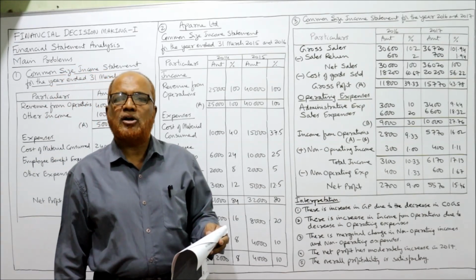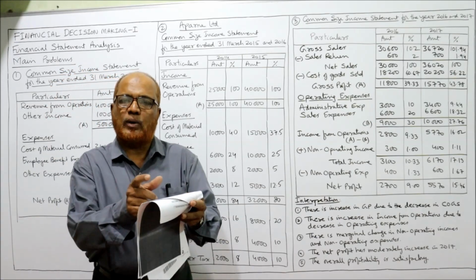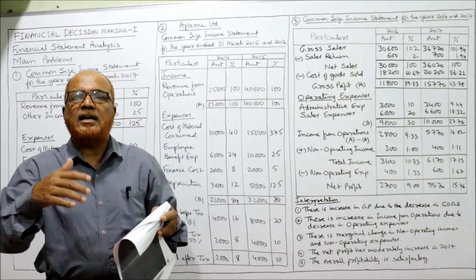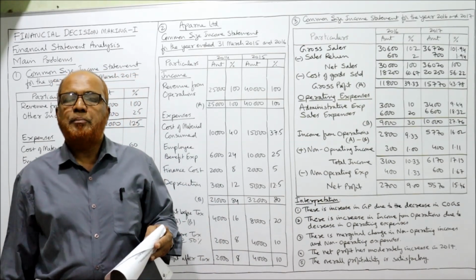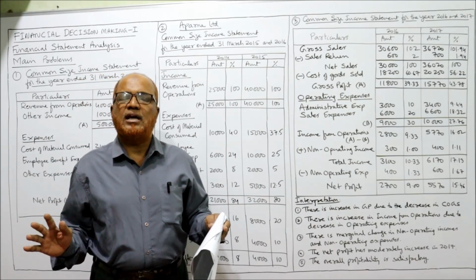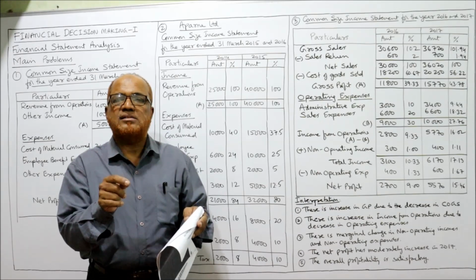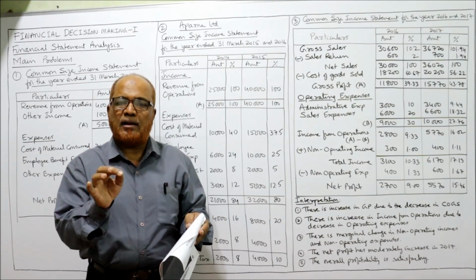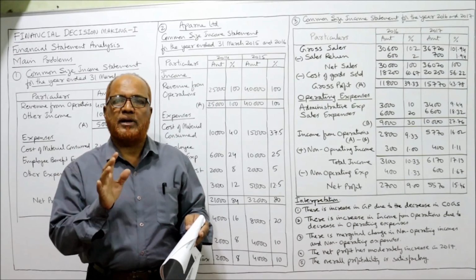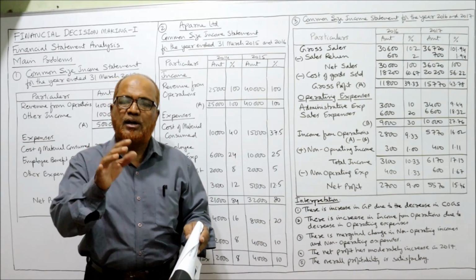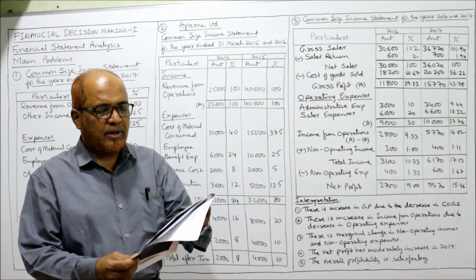That means we have to make the common size income statement for 2016 and 2017, compare it and give the interpretation. In previous problems, it was not asking interpretation, that's why we have not given. But here specifically it is asking you to calculate and interpret. So after making the calculations of common size income statement, we are going to give the interpretation.